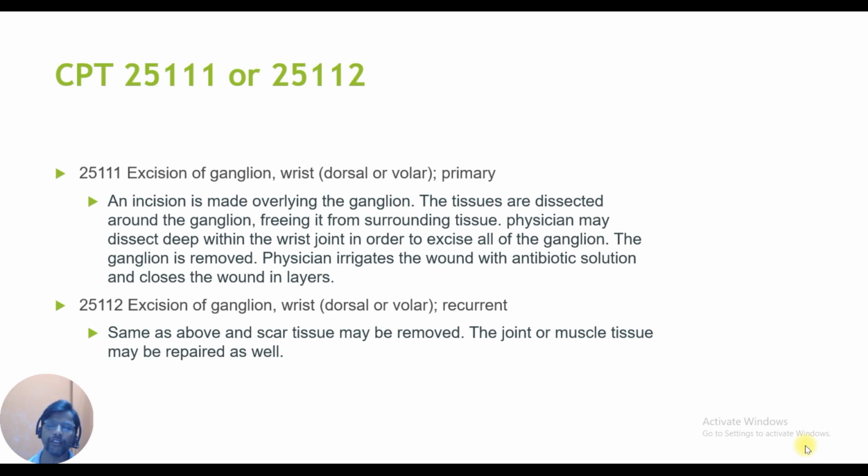Now in 2025, again, if the patient undergoes excision of a ganglion cyst in the same area where the excision was performed in 2020, that time we will code this one. So this is the first time, this is the second time excision of ganglion cyst. As it is an open procedure, the physician will make the incision and free the cyst from the surrounding tissue.